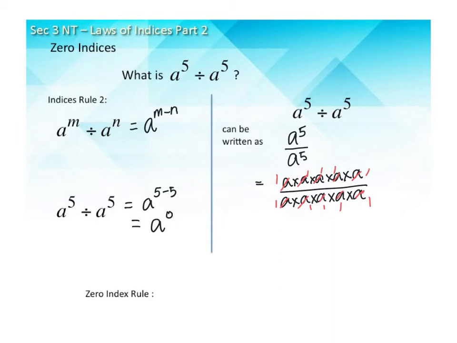So after cancelling all the factors out, what am I left with? I'm left with 1 over 1, which is the value 1. So therefore, the zero index rule says anything to the power of 0 will be equals to 1.